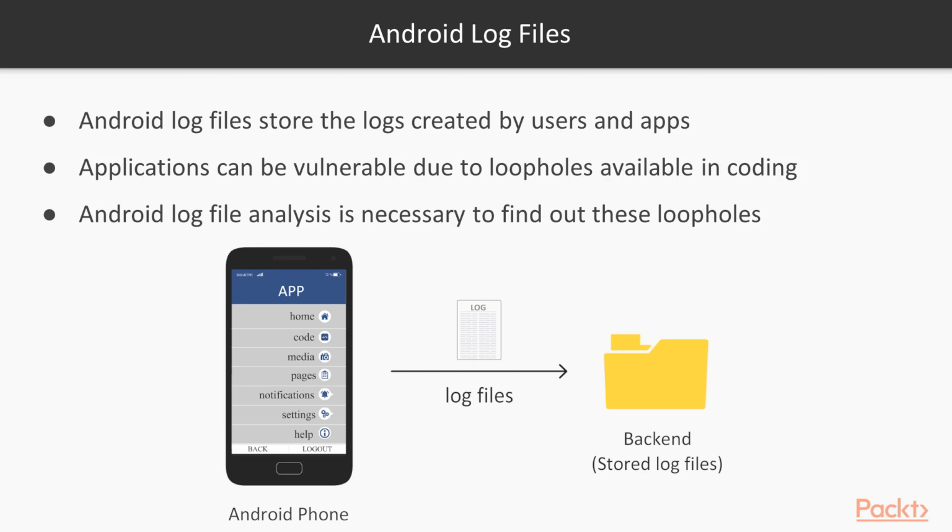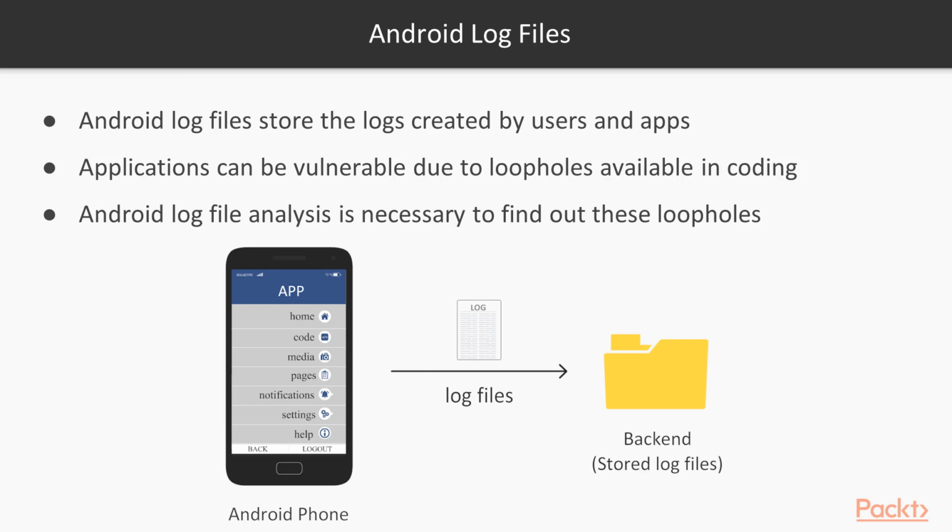This is the place where you can find all the logs, all the activities of the user. That's why if you want to find some secret information, or if you want to know about the user, how it works, then you can analyze the Android log files, because they contain all the logs created by the user and Android machine.